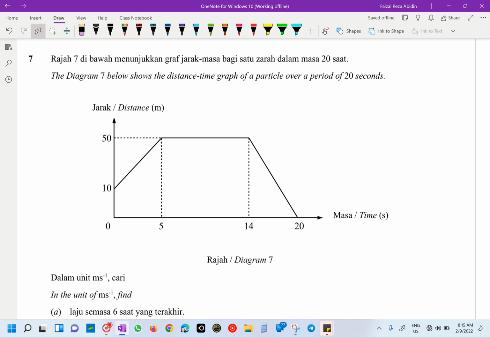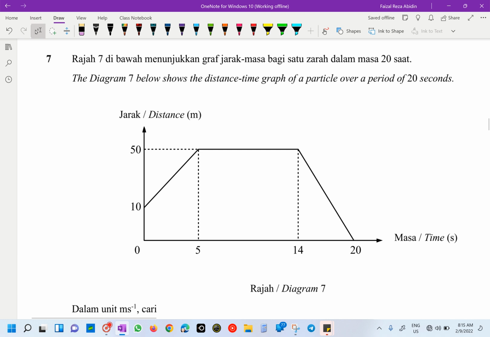Okay, number 7. We look at number 7 here. Oh, I know that sound. Okay, this one is actually in our formula, but the formula list does not give it for speed. It gives average speed, page number 2 formula.